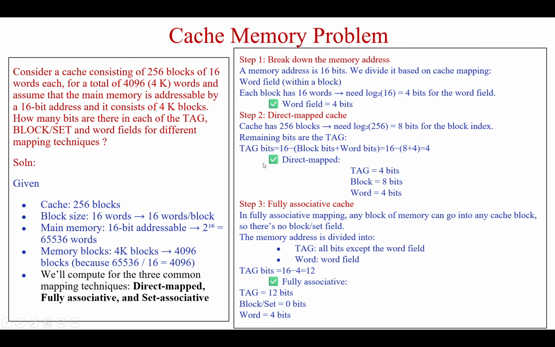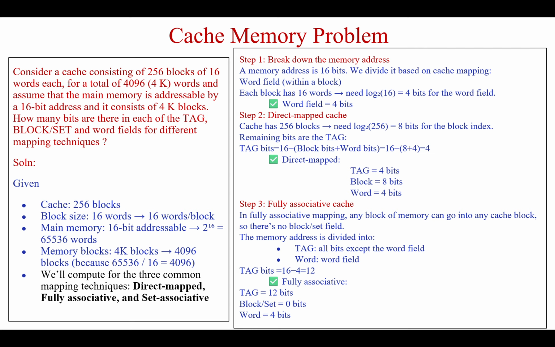The tag field is 16 minus the block field plus word field, which is 16 minus 8 plus 4, which is equal to 4. Therefore in direct mapping, the total 16 bits can be considered as 4 bits for tag, 8 bits for block and another 4 bits for word.